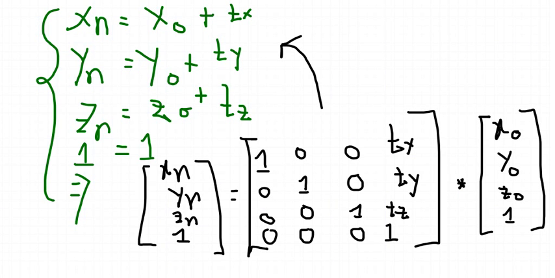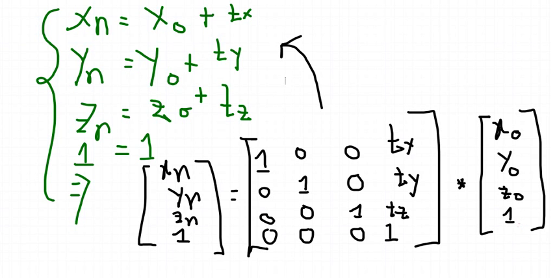1 multiplied with x old plus y old multiplied with 0 plus z old multiplied with 0 plus tx multiplied with 1, that will be equal to x new, and so on. So here is your translation matrix in 3D.